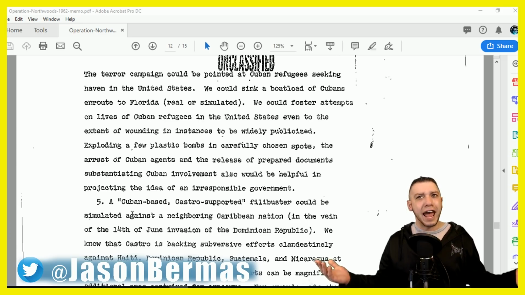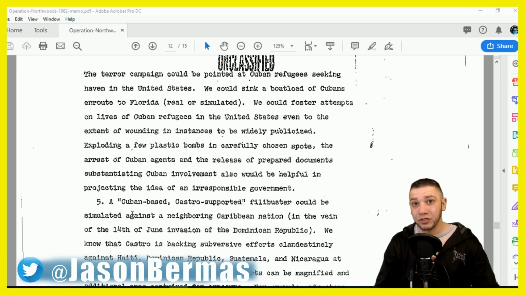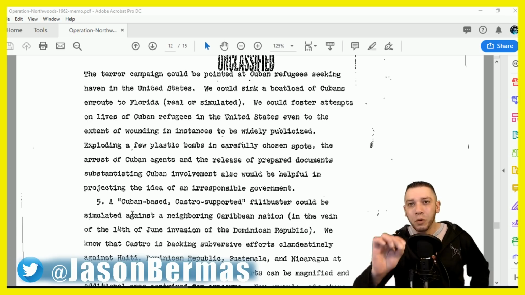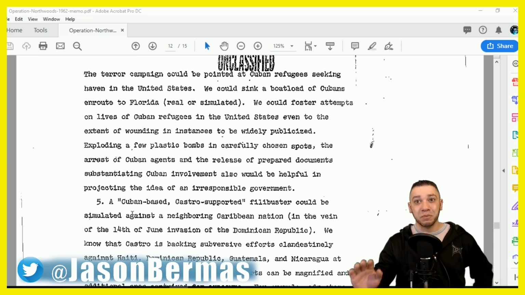Well, now we're like, hey, boatload of Cubans. I guess we could do it real style. No big deal. We could foster attempts on lives of Cuban refugees in the United States, even to the extent of wounding in instances to be widely publicized. So let's bring some refugees in and let's have some woundings.